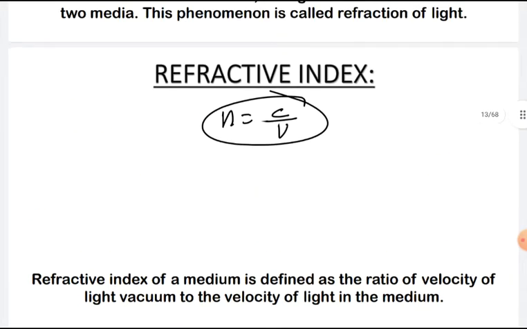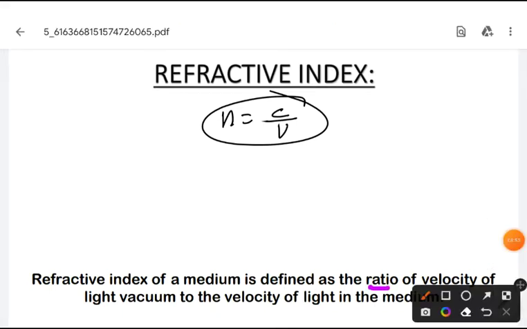And the refractive index, n is equal to c by v. The refractive index of a medium is defined as the ratio of the velocity of light in vacuum to the velocity of light in the medium.